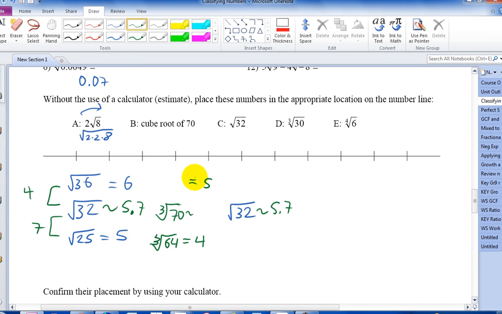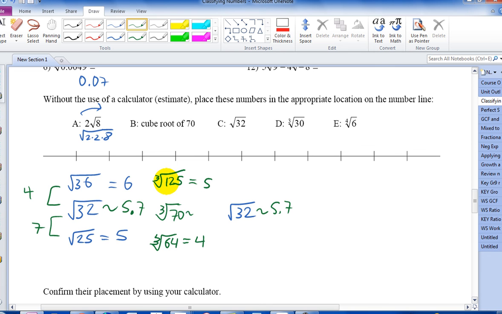See how I'm working backwards now? Number higher than 4 is 5. And so what's the perfect cube of 5? 5 times 5 times 5? 125.